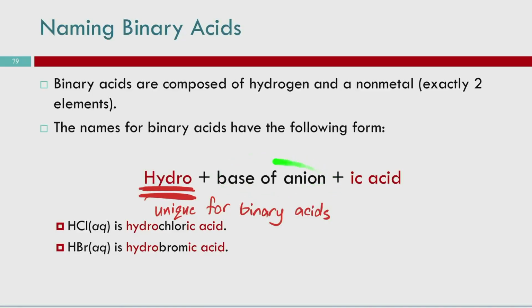Then we will have the base name for the anion, so kind of chopping off the back part of the name. And then we're changing the ide to ic instead. We've been doing ide a lot. We'll change it to ic and then add acid at the end, which is a big giveaway that we're dealing with an acid. It's in the name. So for example, HCl, HBr, these AQs just mean that they're dissolved in water.